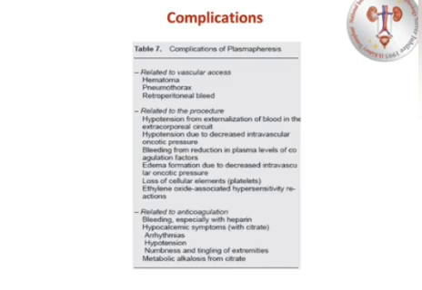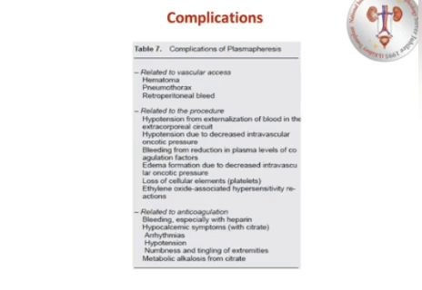Another thing is, if there is no good sequential replacement, if the replacement solution is not matching the rate of ultrafiltration, you might have hypotension because the patient will be ultrafiltrated and the replacement fluid is not concomitantly applied at the same rate. So sequential replacement is very important.